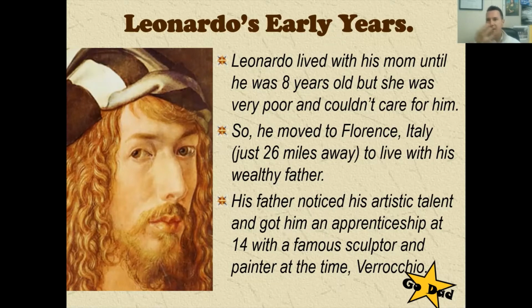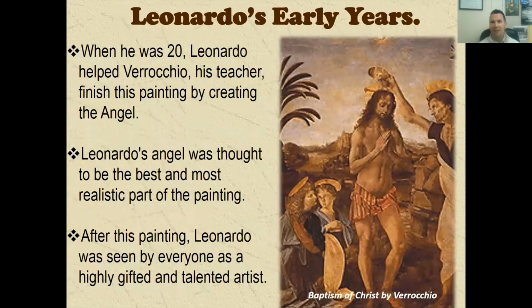He was helping Verrocchio get his paint, helping him choose the rocks for the sculpting, just helping him gather supplies. And in turn, Verrocchio was teaching Leonardo da Vinci everything he knew about sculpting and painting. That was the first step forward in becoming as great as he is today, or was.